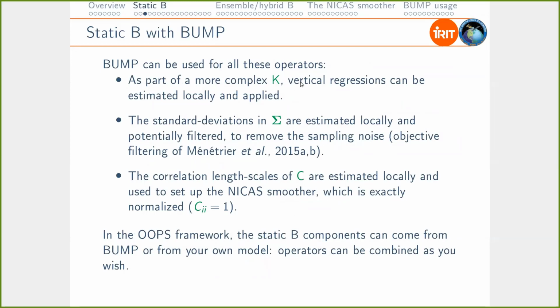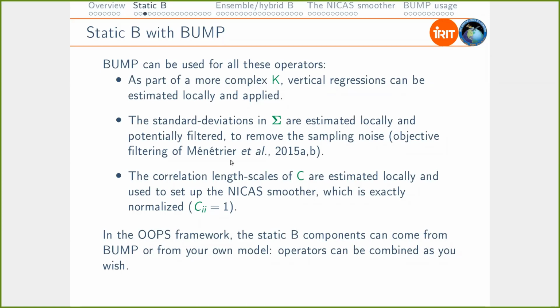The balance operator can be quite complex and model dependent, depending on the model variables. But in BUMP, we have the vertical statistical regressions that can be generically designed, so they can be used for any model, and they can be estimated locally and applied with BUMP.